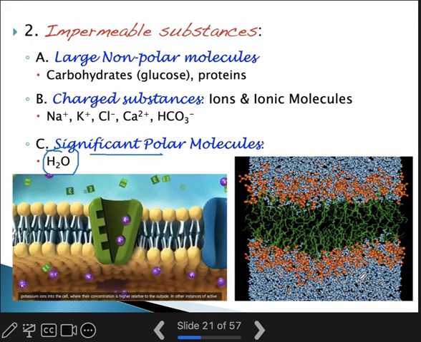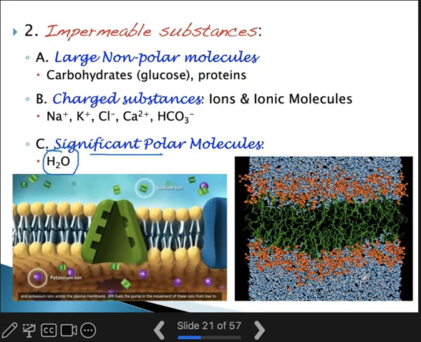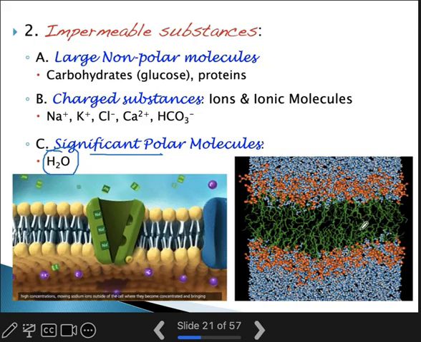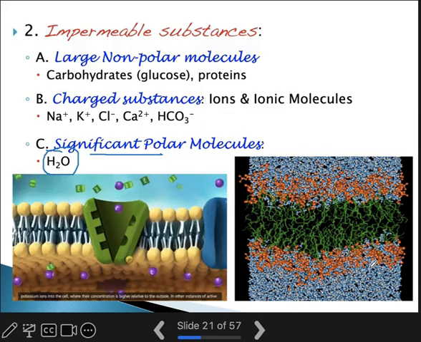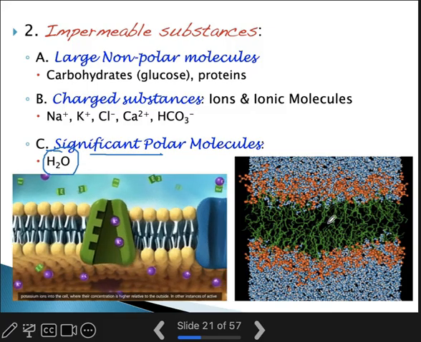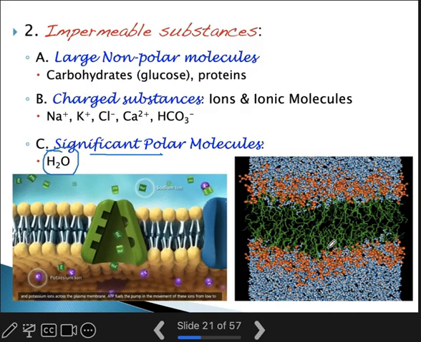And I think it's really cool to look at when water is represented. You can see that water clusters all around the phosphate head groups, but doesn't travel into this hydrophobic core. Remember, even though water is a pretty tiny molecule, because of its significant polarity, it doesn't have enough force to move across this 40 carbon wide hydrophobic core.